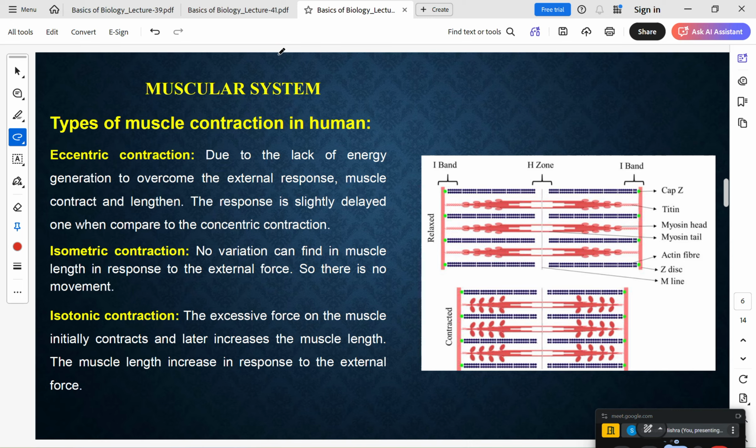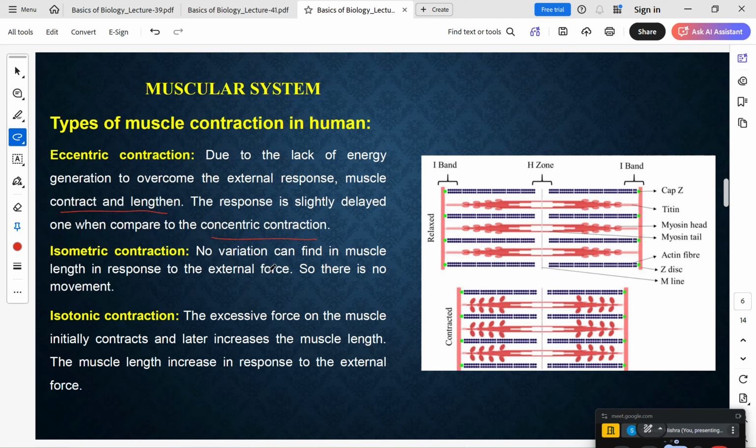Eccentric contractions occur when there is a lack of energy but there is an external response. In response to this external stimulus, the muscles contract and lengthen instead of shortening. The response is slightly delayed as compared to the concentric contraction because it's not a very active process.